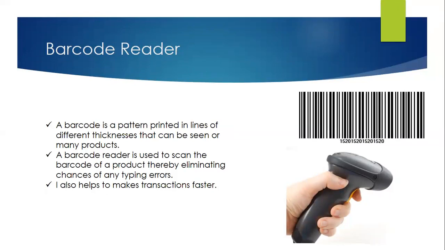So the barcode reader is an efficient way of scanning and giving out the prices on the screen without any typing error. So barcode reader is quite secure and makes the transactions much faster.